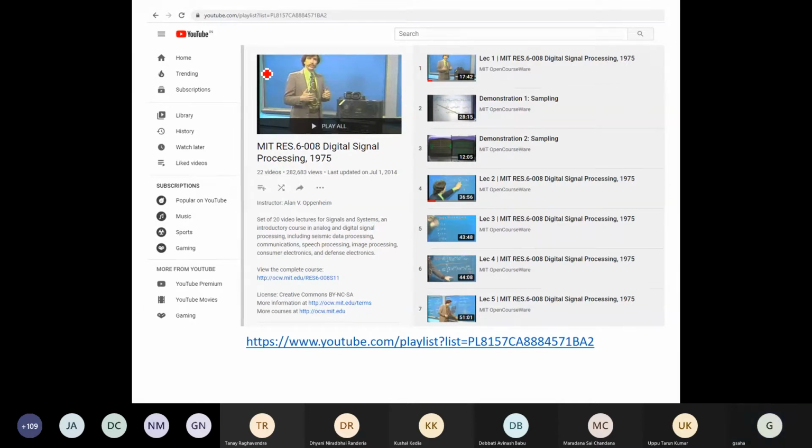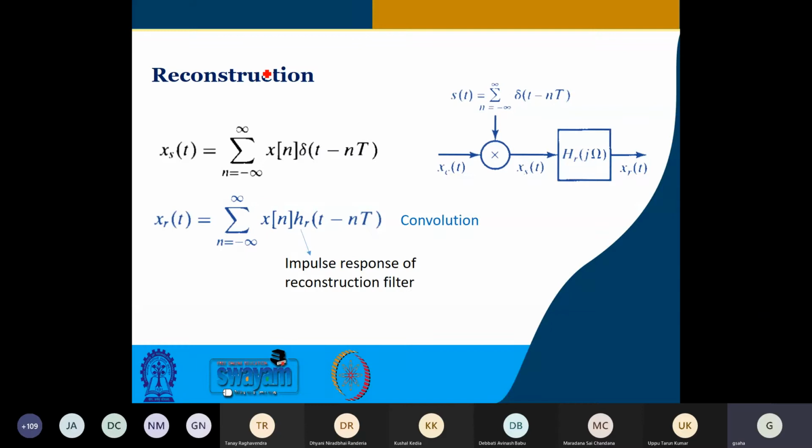Okay. Now we go to the new topic, new aspect of it, which is reconstruction. Let us consider a structure where we are not doing any digital signal processing. This is the continuous time signal. This is the sampler. You have sampled it, and then you are just trying to get the reconstructed signal.